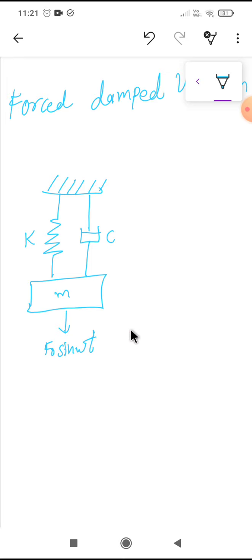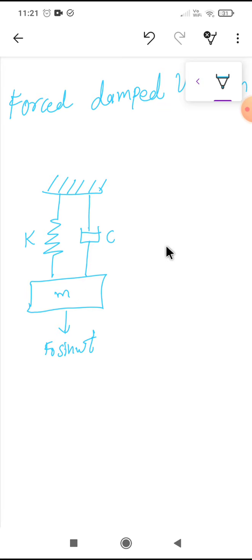We can take cos omega t also, sine or cos, but as it follows SHM we need to take either sine or cos to create a vibration of simple harmonic motion nature. So what will be the difference in the equations?